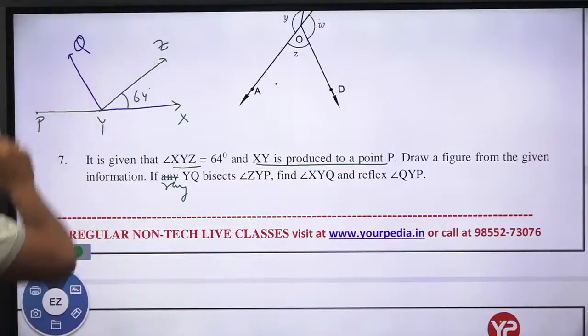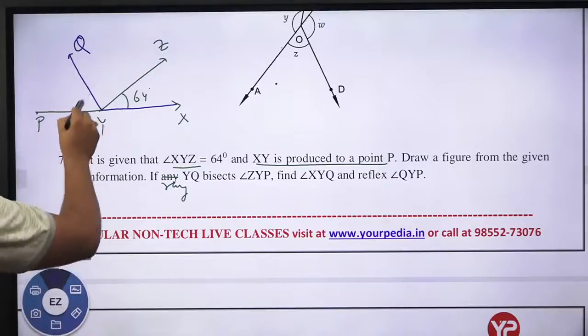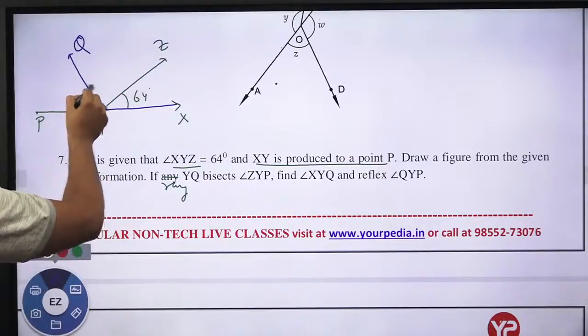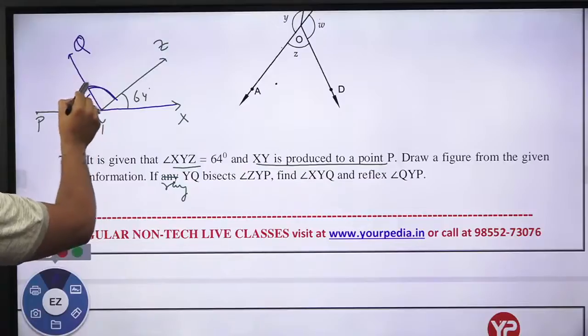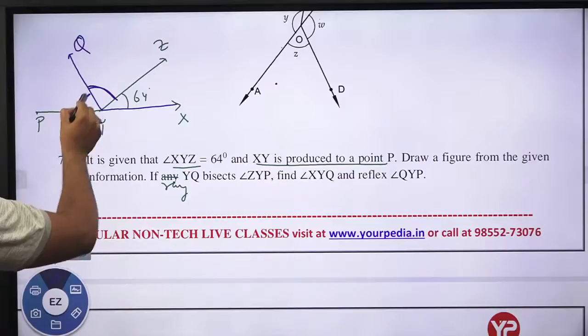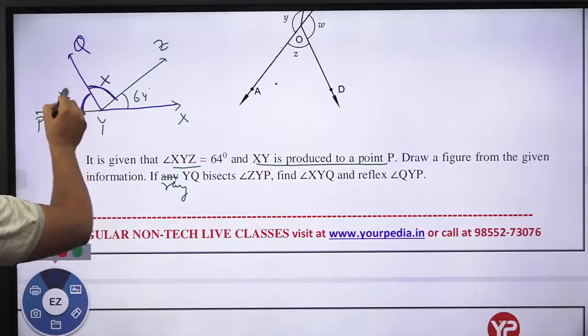So if this angle is bisected, this portion, that is angle ZYQ, will be equal to angle QYP. Yes or no? So if this is x, this will also be x.